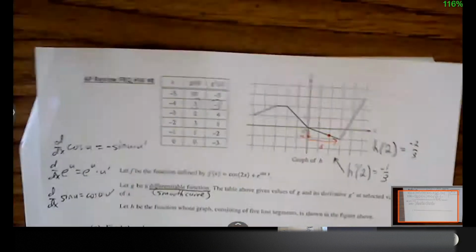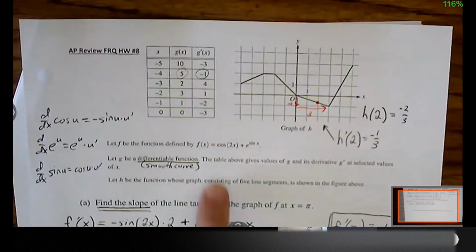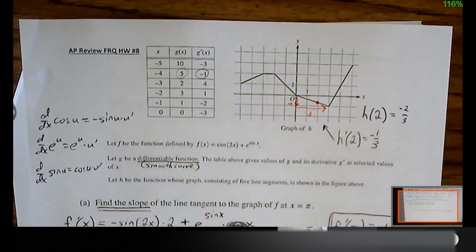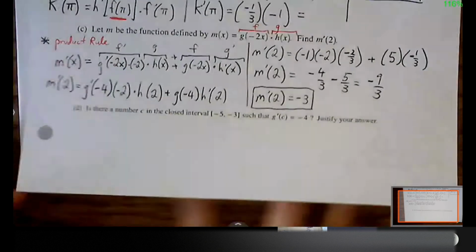Okay, so here's the graph of G. We know that G is a differentiable function, so we know it's going to fulfill the conditions required of mean value theorem. So I'm just going to go ahead and list out those conditions here.